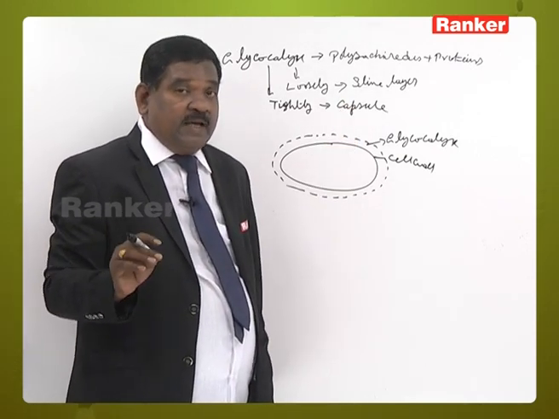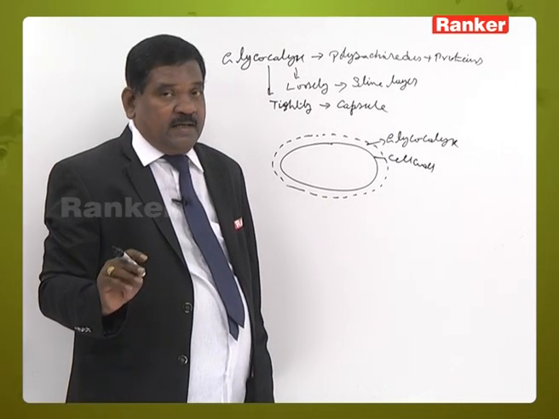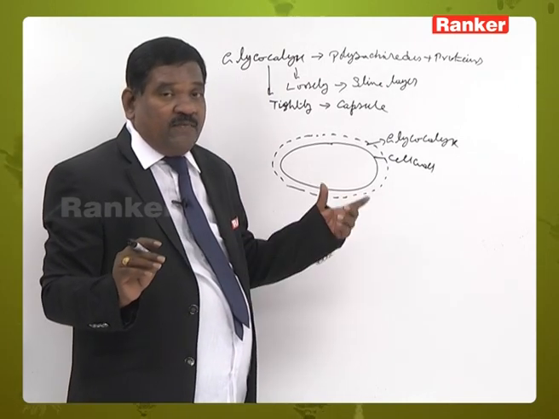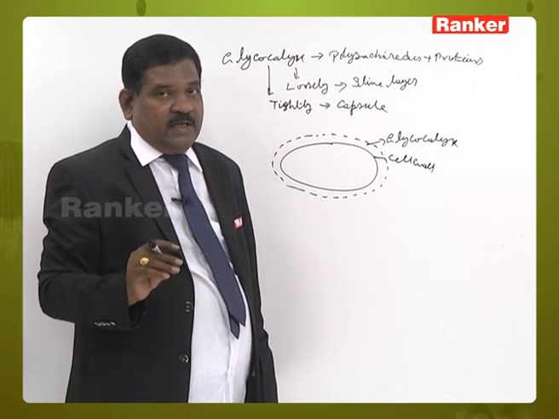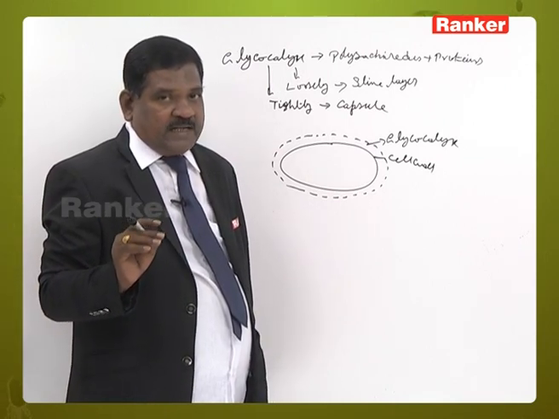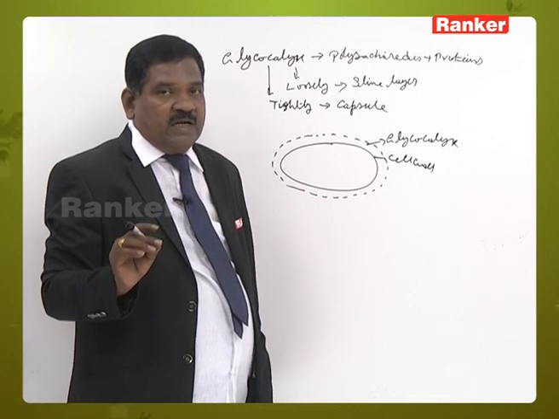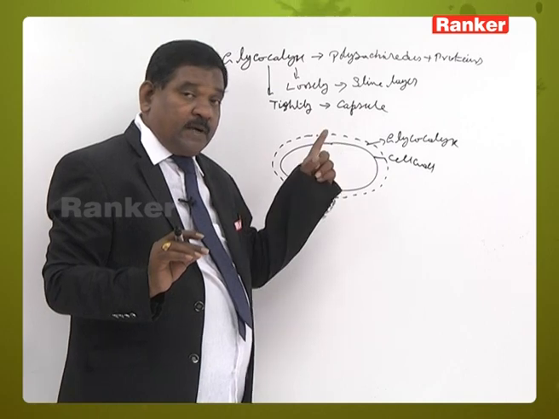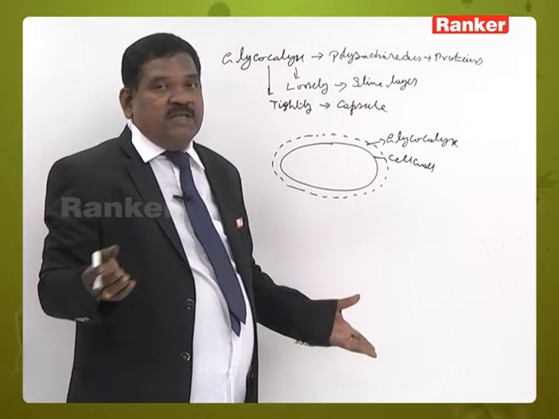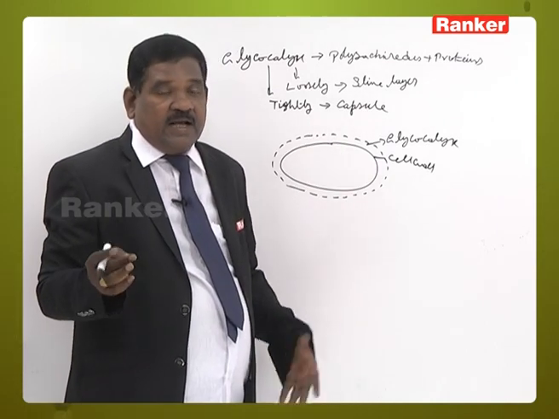Besides attachment, the slime layer protects the bacterial cell from loss of water and nutrients. If the glycocalyx is tightly attached to the cell wall, it is called a capsule.